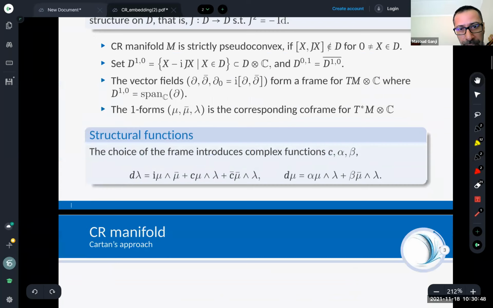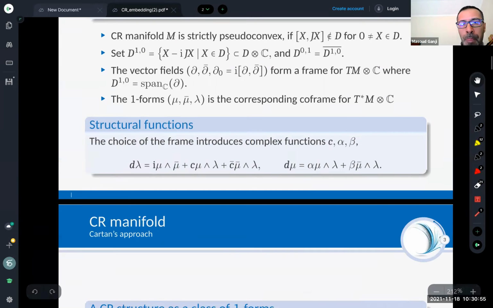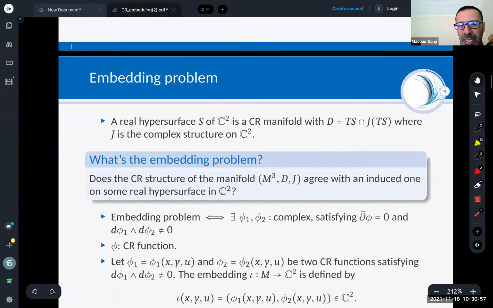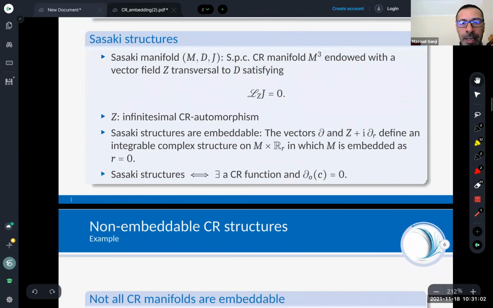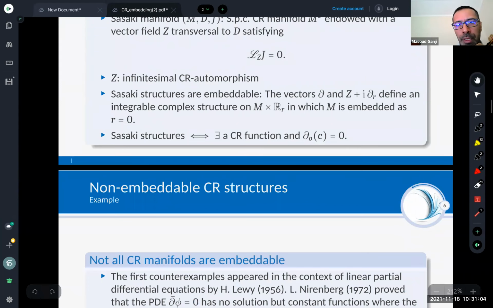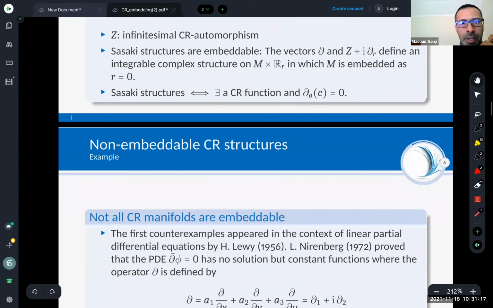If this C does not depend on the derivative, and you have one CR function, it is Sasaki. This is what was expected, but it took a while to prove this statement, because one side is clear. If it is Sasaki, C does not depend on it. But the converse was a bit challenging at first, but now we can state this criterion or this characterization.